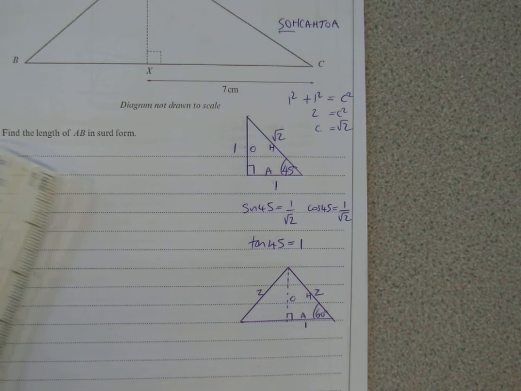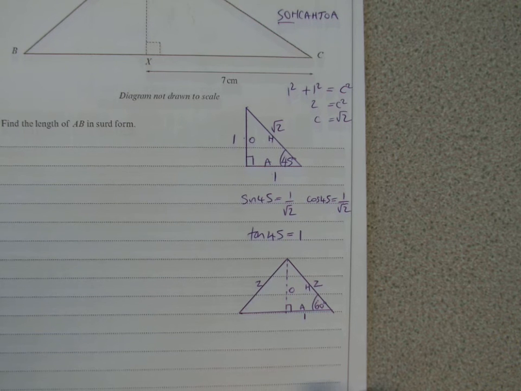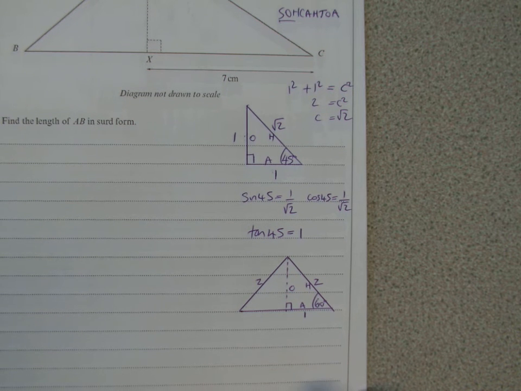Now, with regards to sine, cos, and tan, we need to work out what that side is, and you use Pythagoras again. But this time with Pythagoras, you know the hypotenuse, and you know one of the smaller sides, but you need the other smaller side.